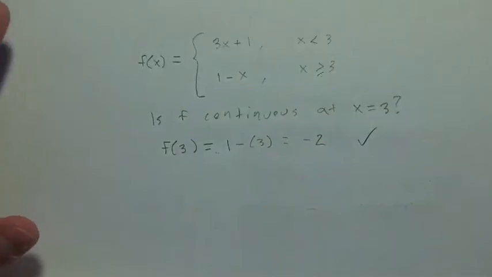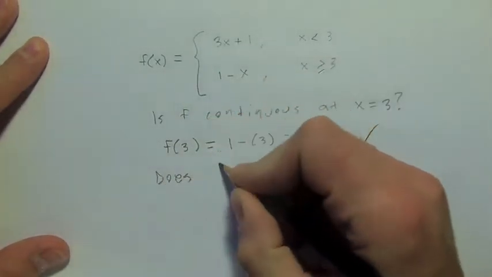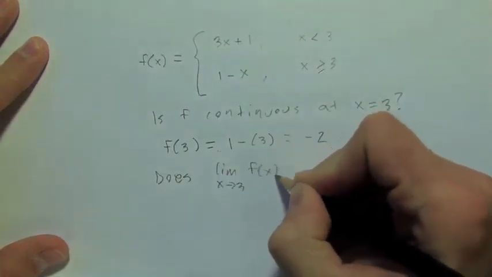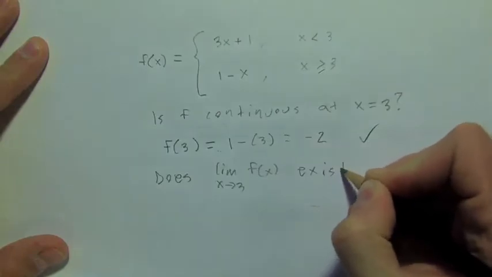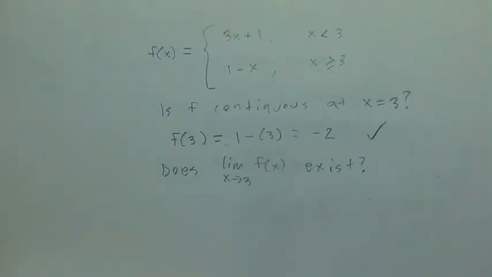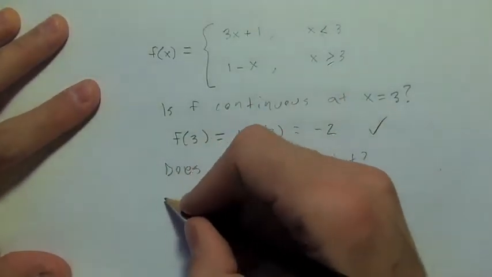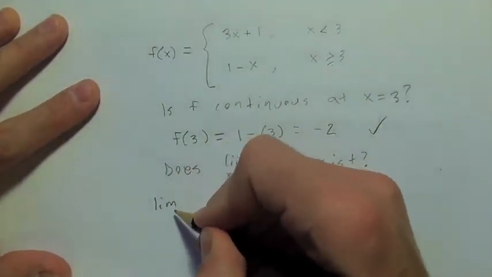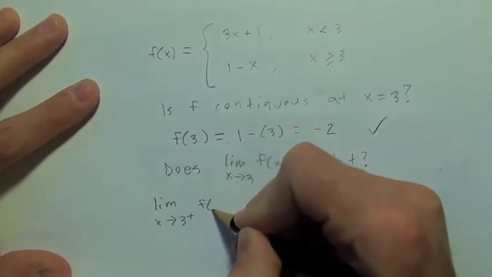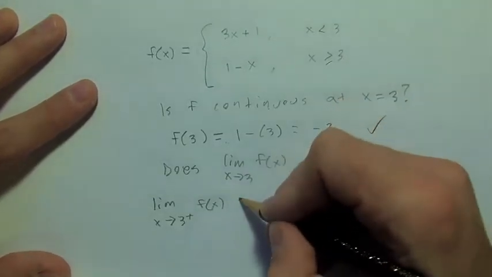Now we need to check to see, does the limit exist? So does the limit as x goes to 3 of f of x exist? That's our next question. Okay. So to answer that, we need to check both sides. All right, so I'll start with the side we already know. From the right, that's when x is greater than or equal to 3.